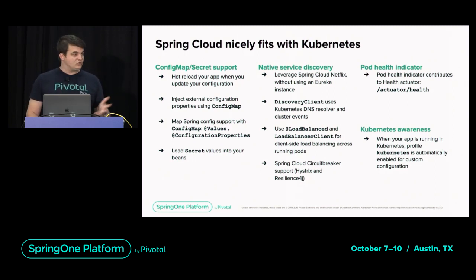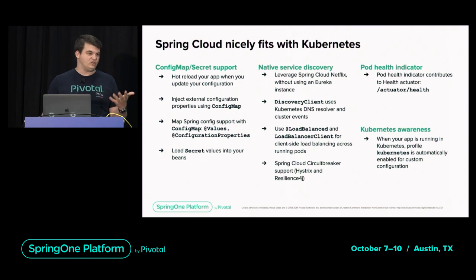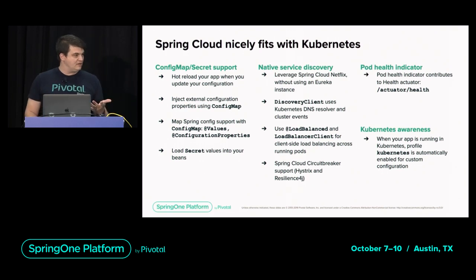The last thing I wanted to show you is that if you need to provide custom configuration for your application, then the only thing you need to do is to create a file, application-kubernetes.yaml or .properties, and you're done.